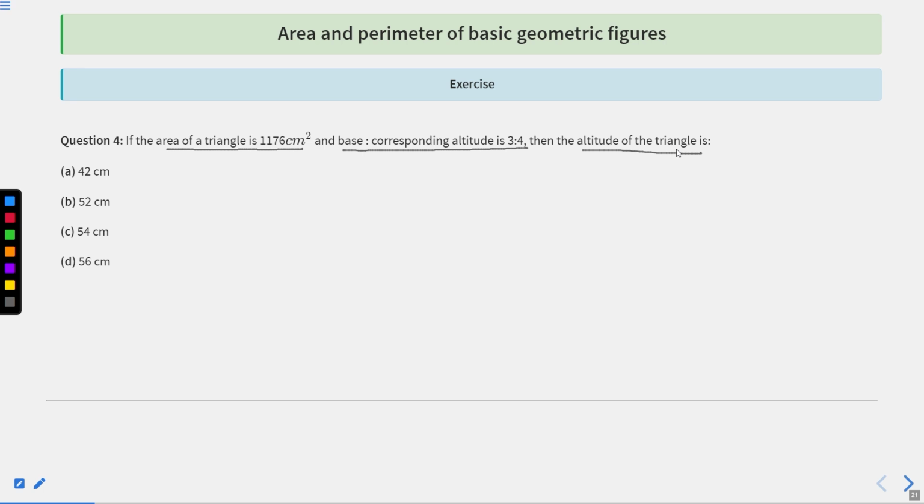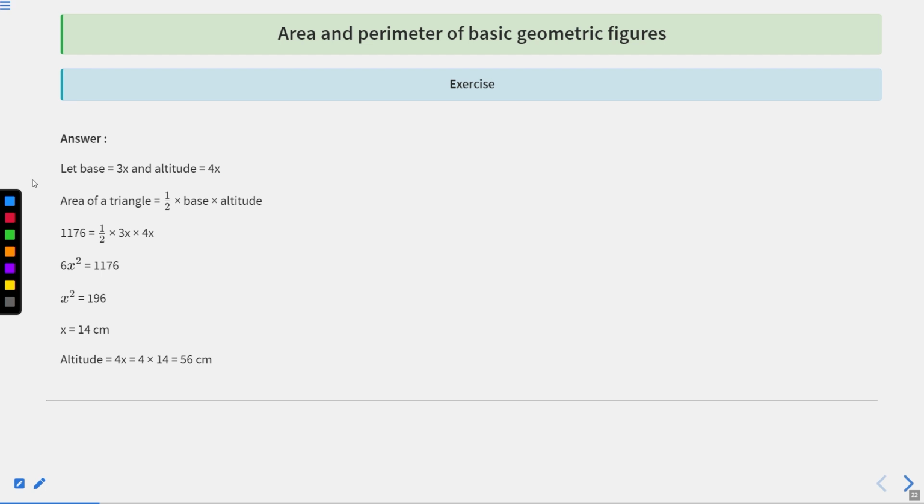The base to corresponding altitude ratio is given to us, and the altitude of the triangle is asked. So yes, half base into height is the best suitable formula here, because the ratio of base and corresponding altitude is given to us, and we need the altitude of the triangle, which is present only in half base into height.